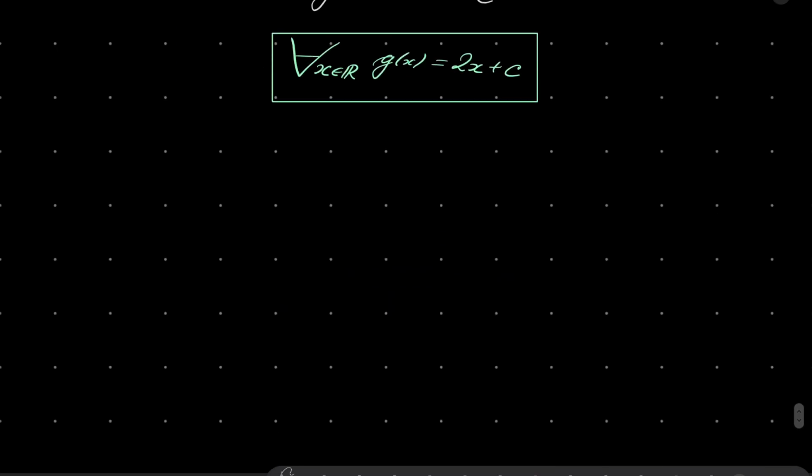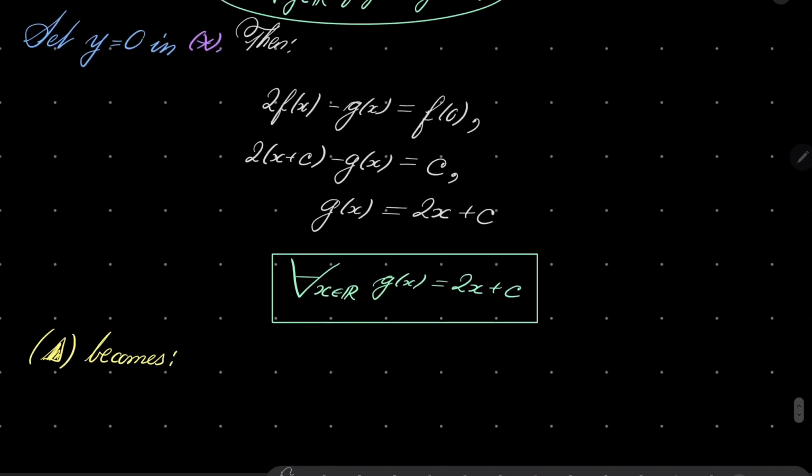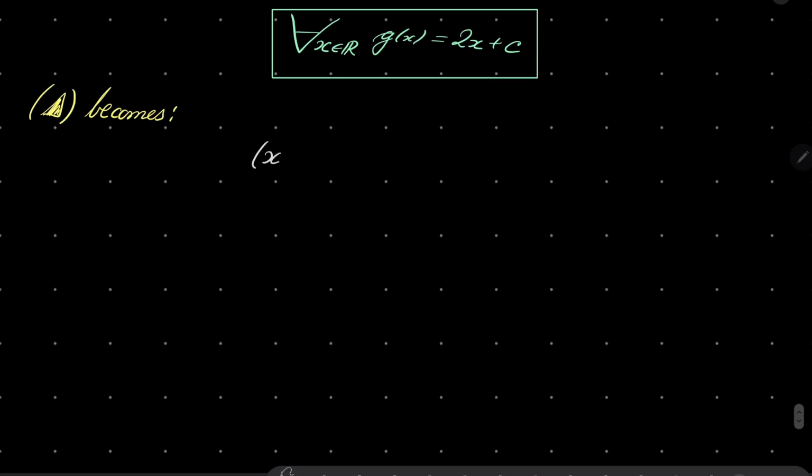And now let's move on to our last condition. So our condition triangle takes the following form. f(x), which as we know is x + c, times g(x), which is 2x + c, should be greater than or equal to x + 1.